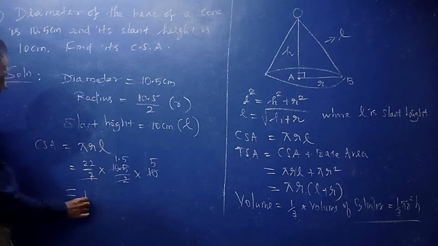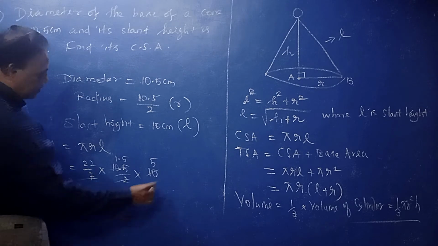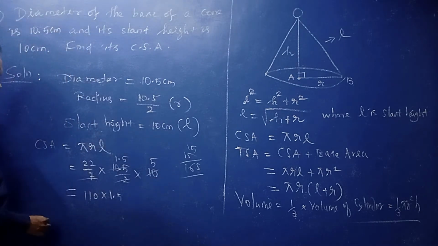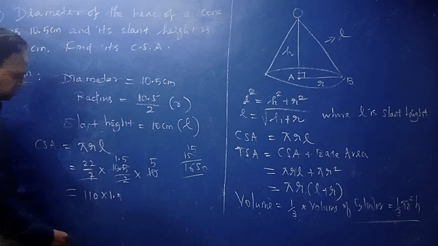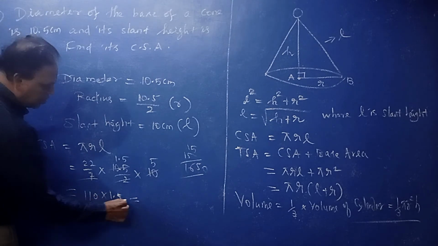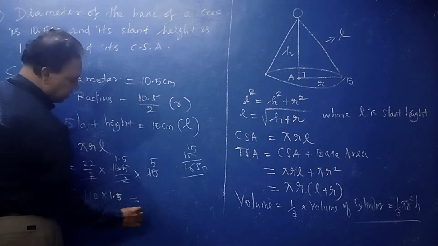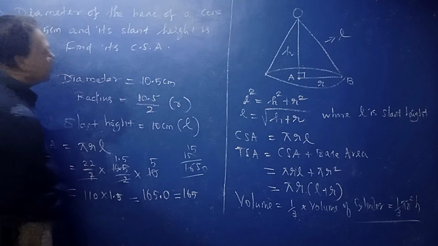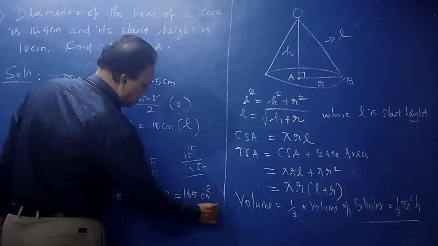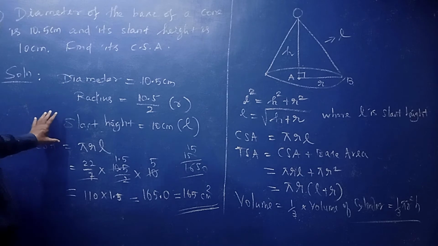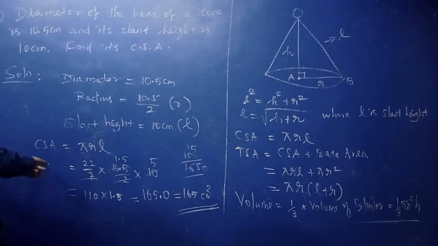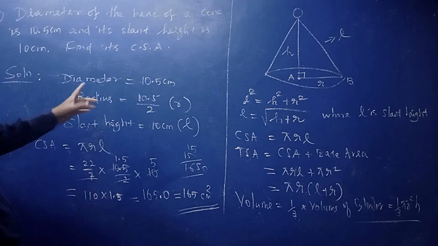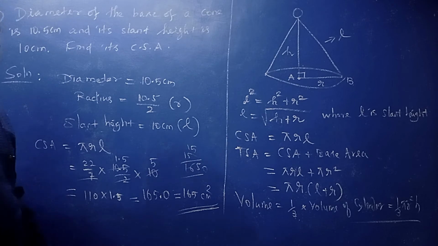That is 110 into 1.5, that is 15 into 11, 165. After the decimal only one digit, so 165.0, that is 165 centimeter squared. So like this easily you can find out the curved surface area of a cone by using the formula. So remember this concept. Easily we can find out, right?